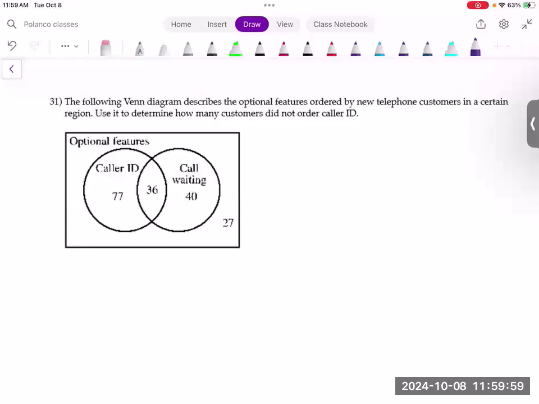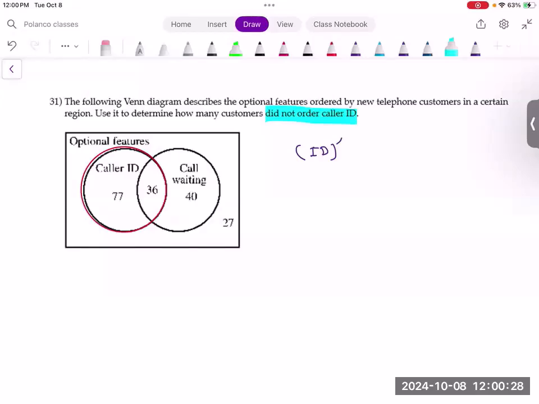Okay, so we are looking here to determine how many did not order a caller ID. So did not order a caller ID is basically caller ID prime, right? If this is the circle of caller ID, the prime will be outside of it, not inside, right?